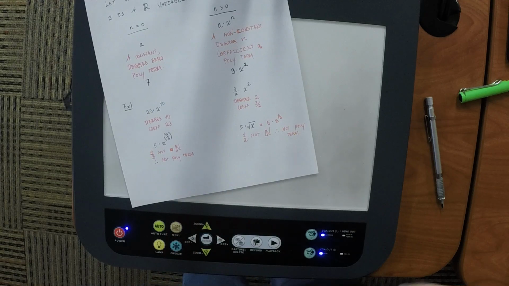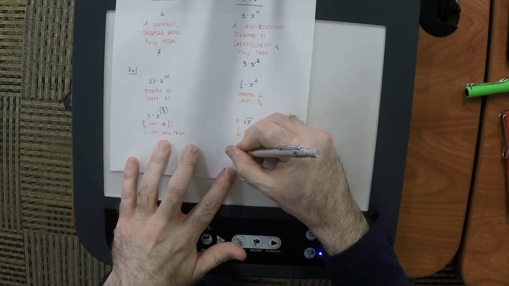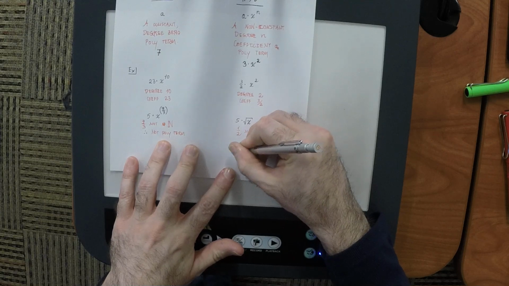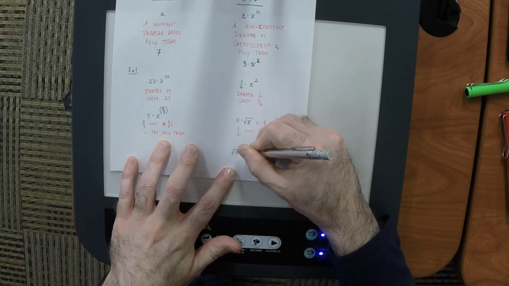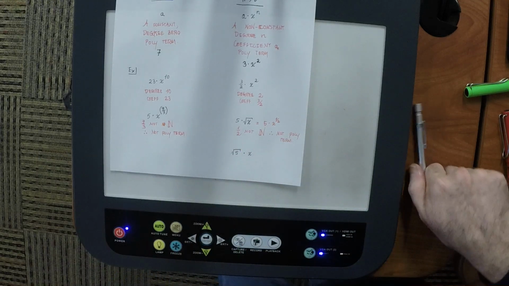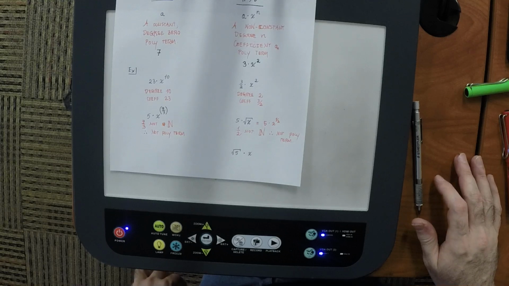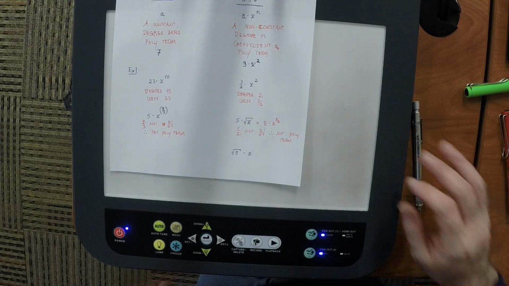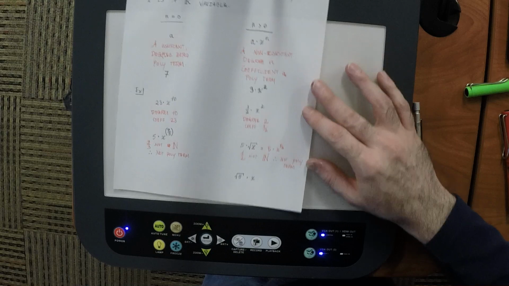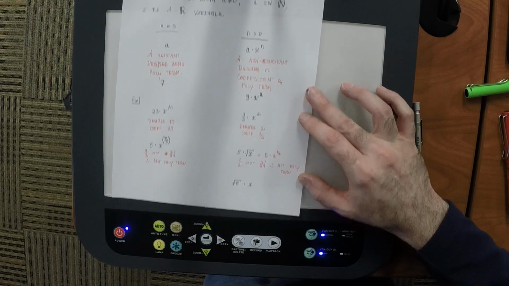All right. And then immediately below this one I'm going to write, what about this one? The square root of 5 multiplied by x. Can't really fit the whole page up there.